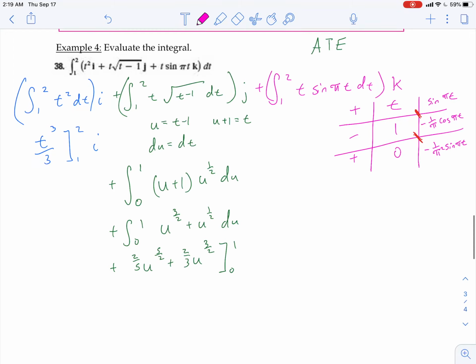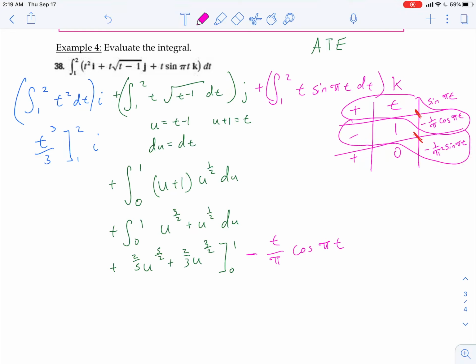And so after taking the diagonals, I can rewrite this to be plus, and this does the integration for me. So it's like taking all of this part right there. Plus t times negative 1 over pi, so I'm going to say minus t over pi cosine of pi t.